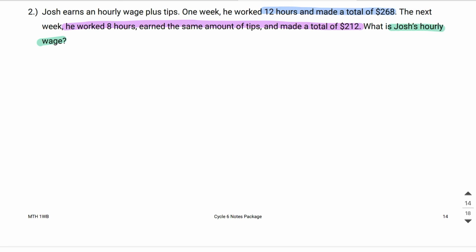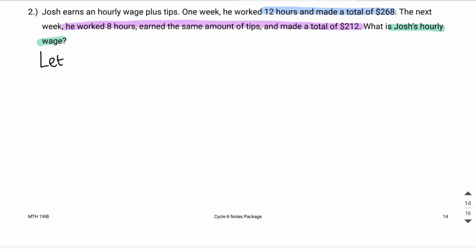So let's go to our let statements. And in this problem, there are 2 things we don't know. We don't know his hourly wage, even though it's only asking us to tell one thing. And we also don't know the amount of tips. So because there are 2 things we don't know, we still have to write 2 let statements.